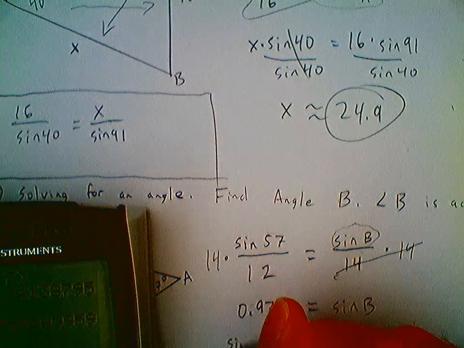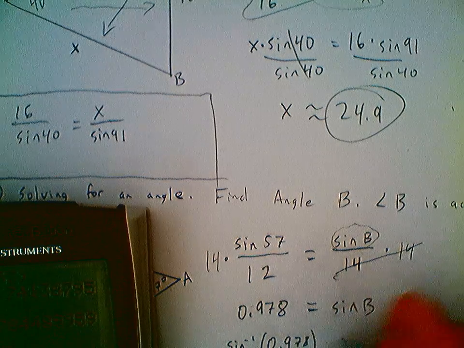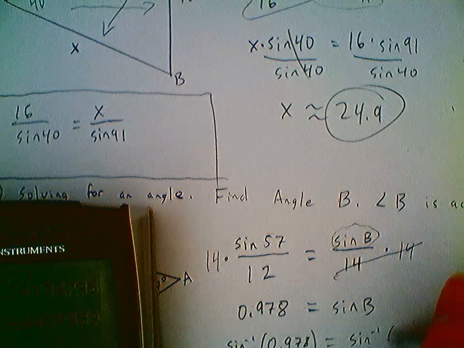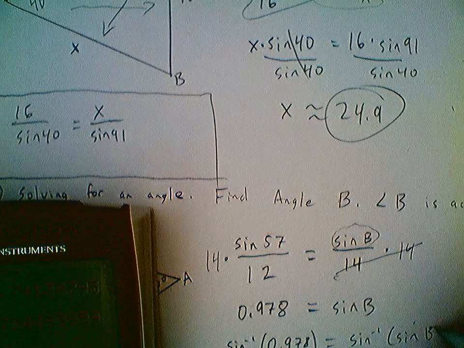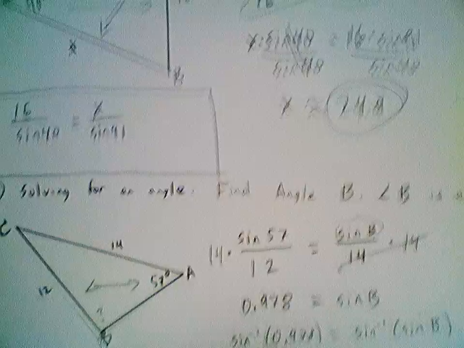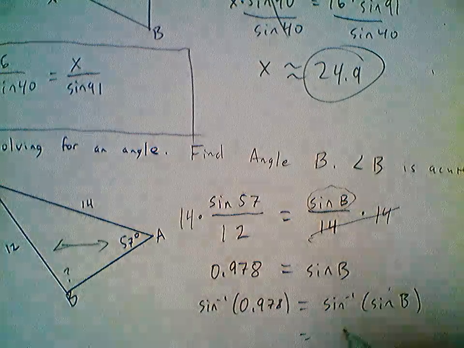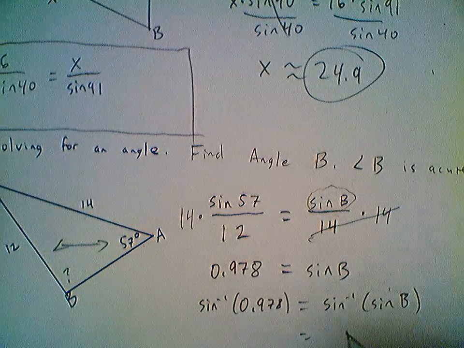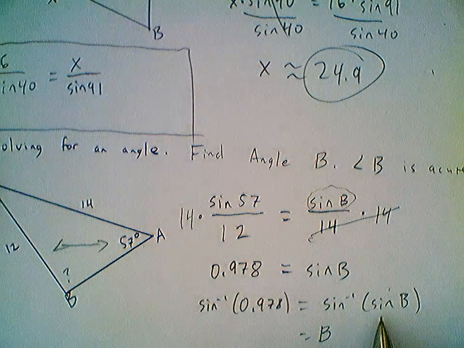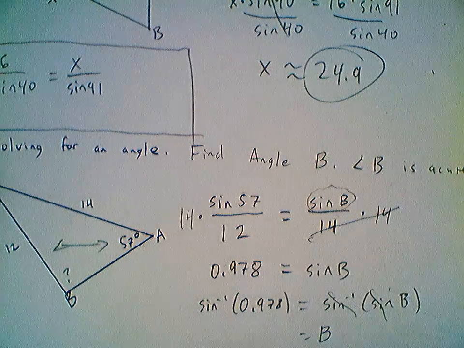So that's what we're going to do to both sides to finish solving for B. So when I apply the inverse sine to both sides, on the right I'm left with just angle B, because this sine inverse essentially just cancels with this sine, and we're left with the angle inside.